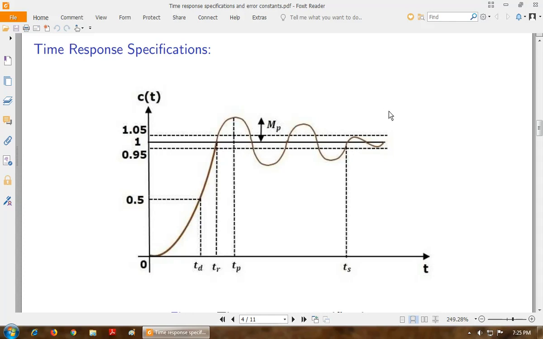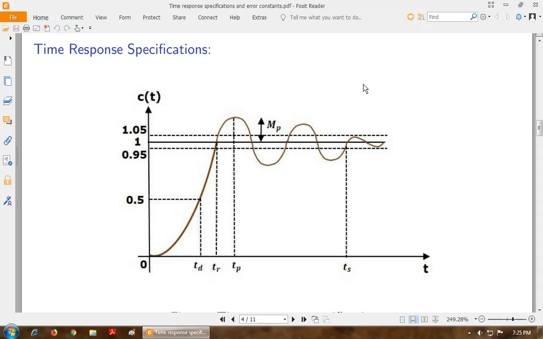This figure indicates that there are some terms concerned with the response, and those can be considered while designing the second order system so that the system response can be satisfactory.